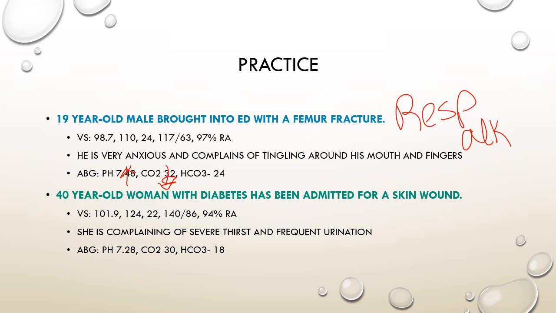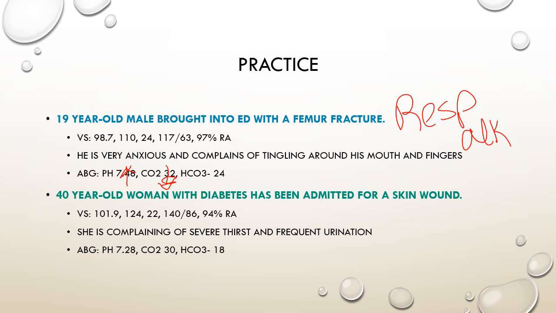The next is a 40-year-old woman with diabetes who's been admitted for a skin wound. Her temp is 101.9, her heart rate is 124, her respiratory rate is 22, and her blood pressure is 140/86. She's 94% on room air. She's complaining of severe thirst and frequent urination.